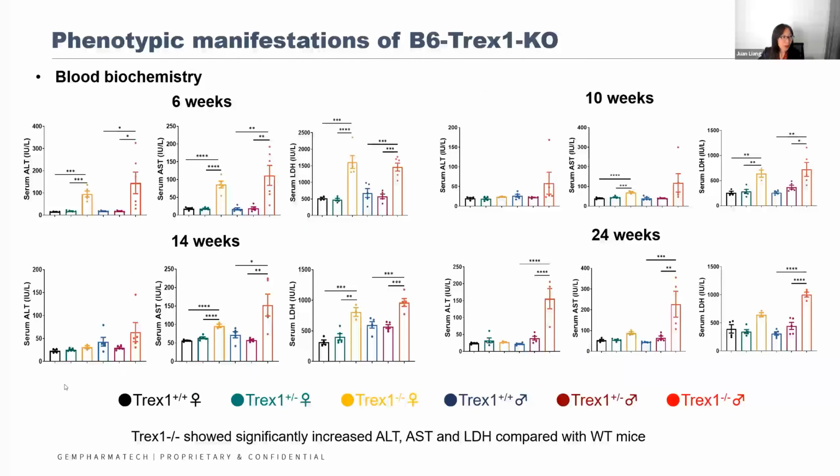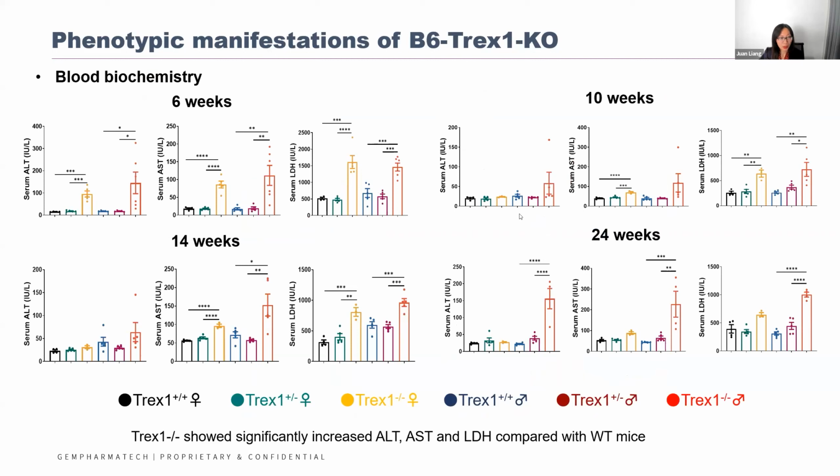And we also performed blood biochemistry studies in these animals. We detected ALT, AST, and LDH. Those three parameters could be indicators of heart function.